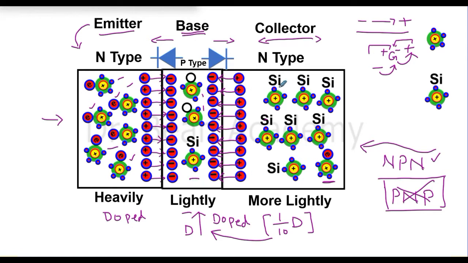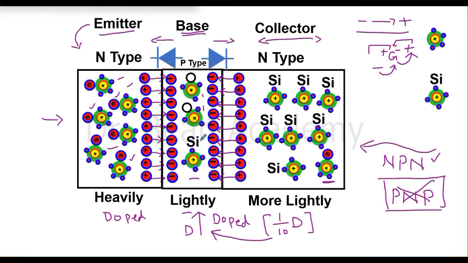But if I show so many silicon atoms and only one pentavalent, it is showing it is even more lightly doped than the base, because for two dopant atoms I have only one silicon, but here I have 7 silicon atoms with one dopant, so it is even lighter than the base doping. And you can't see any silicon atom in the emitter, so it is showing that it is heavily doped. And now you know the conventions.